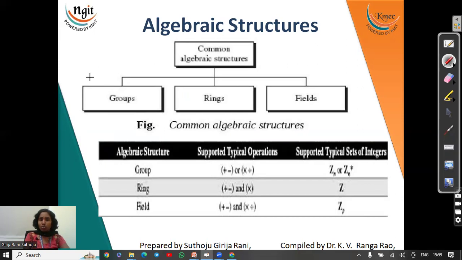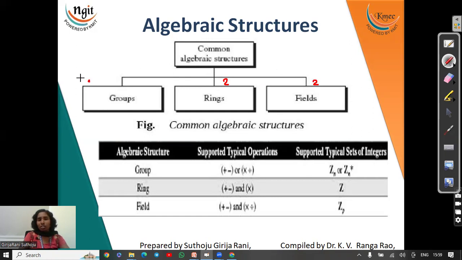A group is a set of elements which performs with one binary operation. Rings will be with two or more operations, a maximum of two operations. Fields also will be with two operations. Clear?